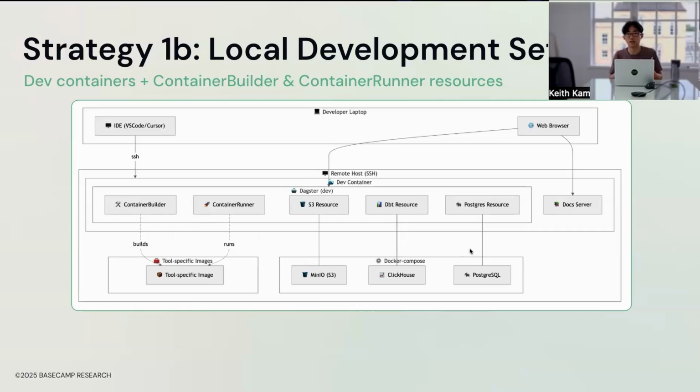We use ClickHouse and our dbt resource to connect to it so that we can test publishing things into our data warehouse and also interacting with the data warehouse under dbt. And then we also have a Postgres connector for any transactional workloads that we might care about. So this gives us a really nice way of encapsulating all the things you need in order to start developing on the platform. And it means that we can streamline the onboarding process and you don't have this 'it works on my machine' kind of problem, because hopefully this is a fully specified way of defining what 'works on my machine' means.